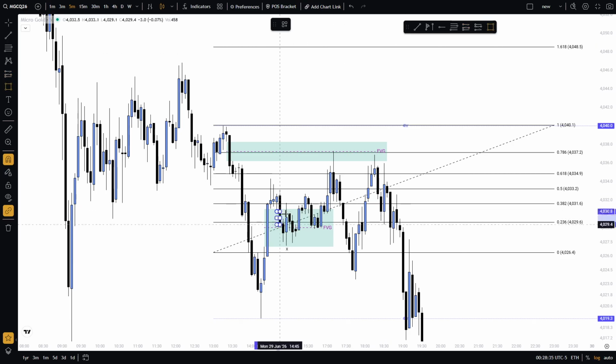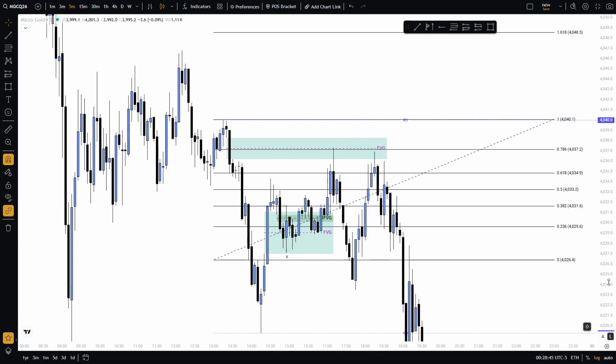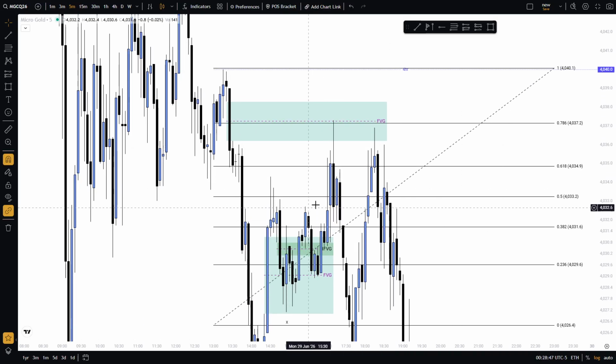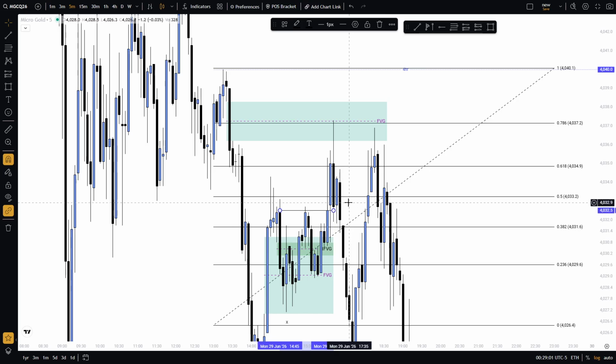Let's say you took it off this inversion right here. You took the trade off this inversion, yeah, it wouldn't be the cleanest because it wouldn't have gotten a full change in state of delivery until here.